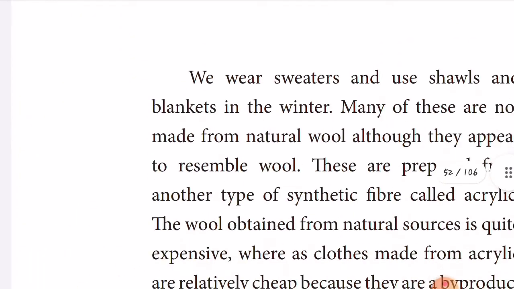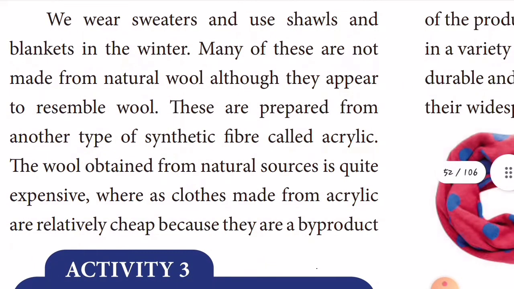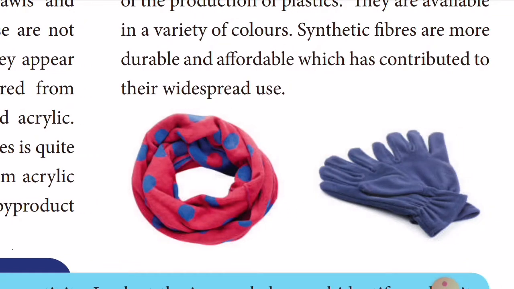You are using sweaters, shawls and blankets in the winter seasons. Many of these are not made up of natural wool. Although they resemble wool, they are prepared from another type of synthetic fiber. What is that called? That is called acrylic.